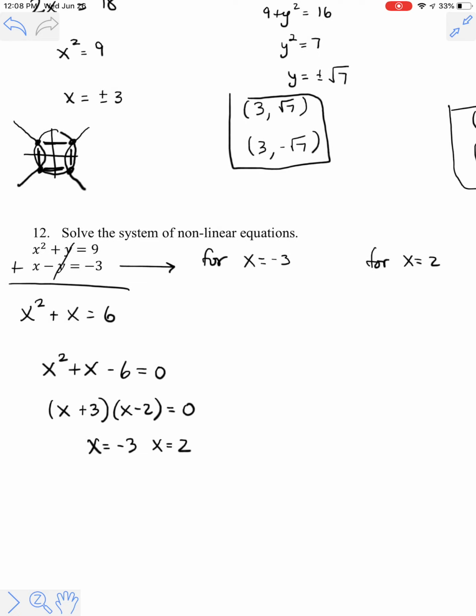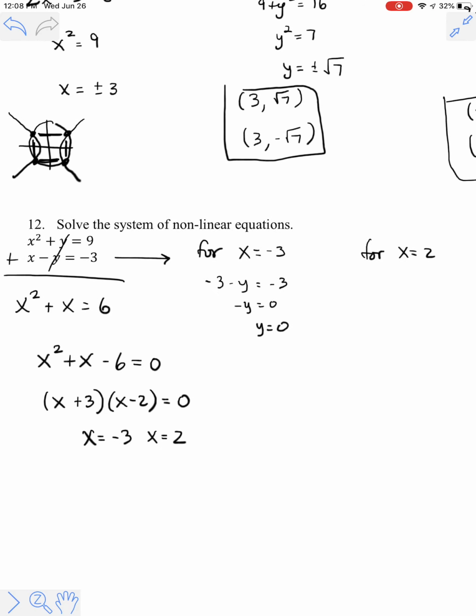So when x equals -3, this becomes -3 minus y equals -3. So continuing to solve there, if you add 3 to both sides, you get -y equals 0 and positive y equals 0.